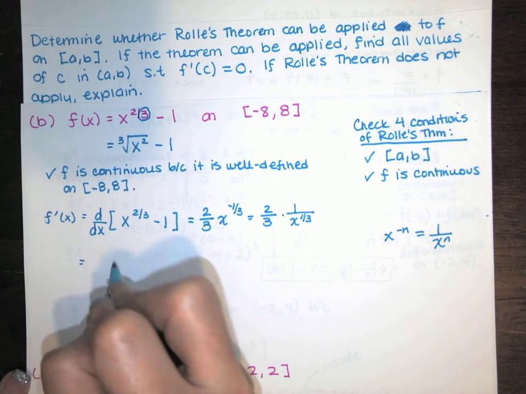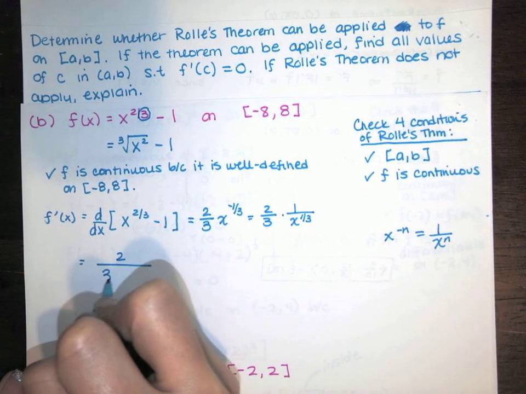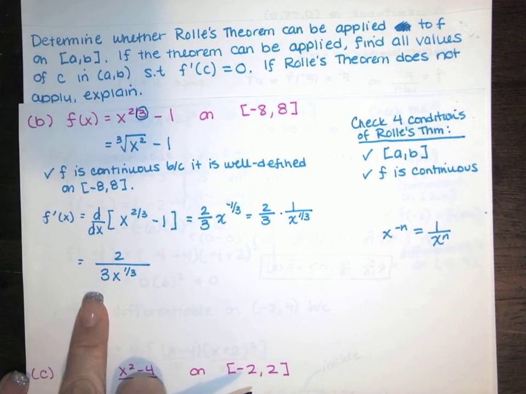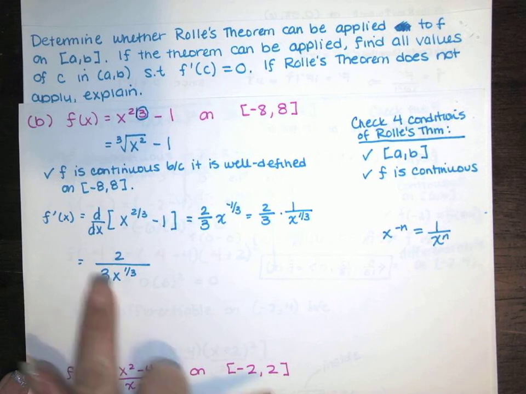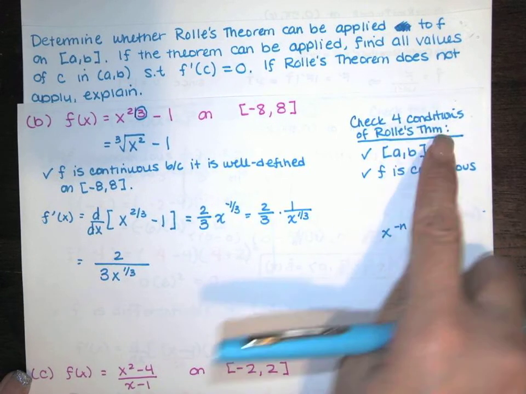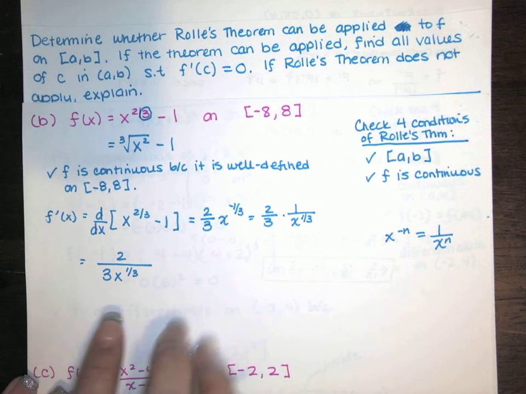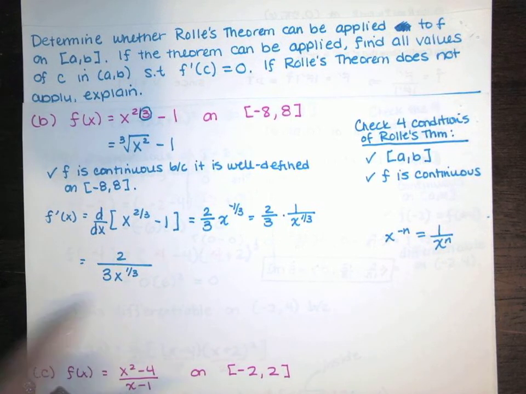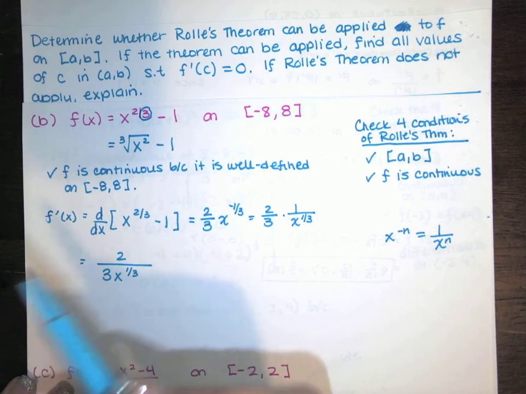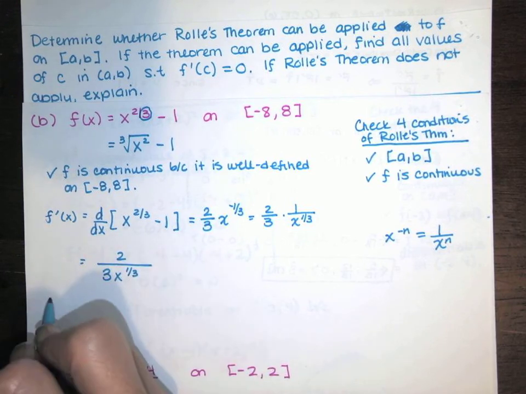And if I multiply straight across, I get 2 over 3 times x to the 1/3. That's f prime. And we're going to have a problem when x equals 0. This is undefined. So the conditions of Rolle's theorem do not apply. F prime is not continuous at x equals 0. Or excuse me, f is not differentiable at x equals 0.